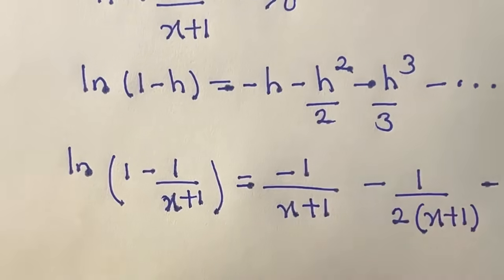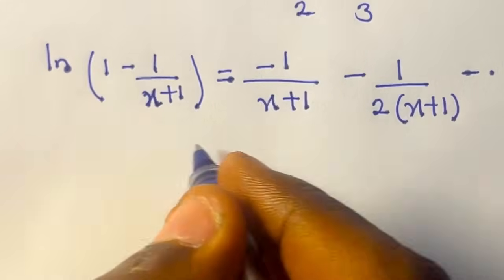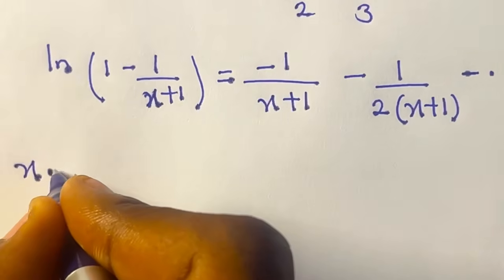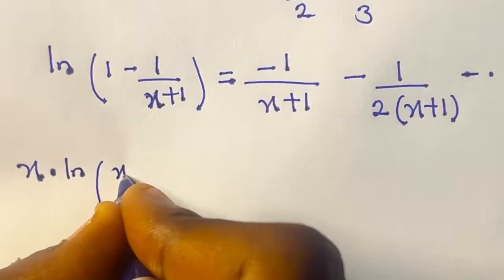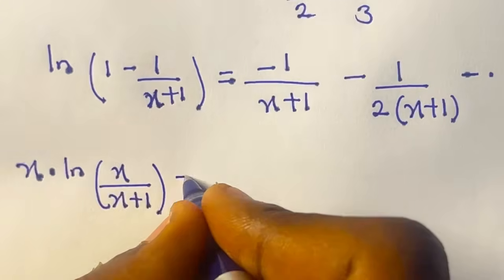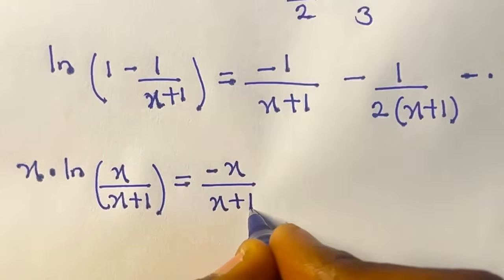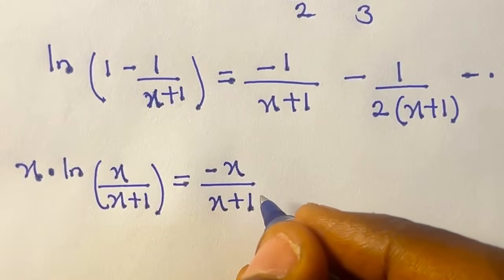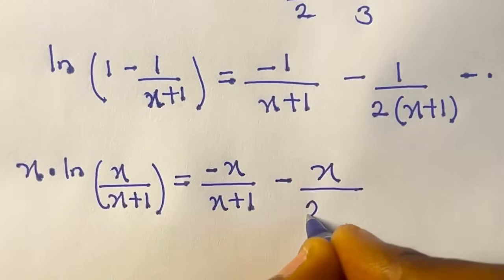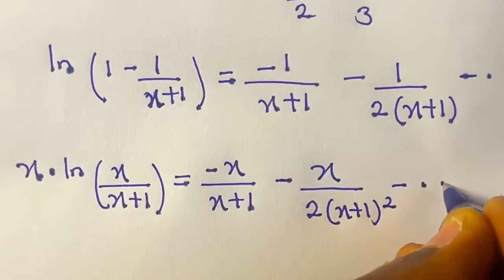This continues. Now let's multiply through by x. If you multiply through by x, we are going to have x times ln (x divided by x plus 1) equals minus x divided by x plus 1, then minus x divided by 2 times (x plus 1) squared, and this continues.